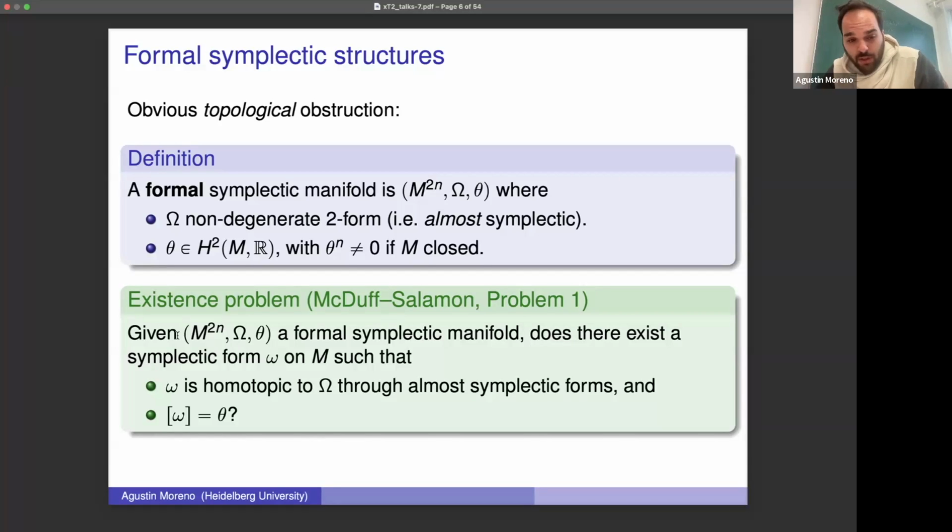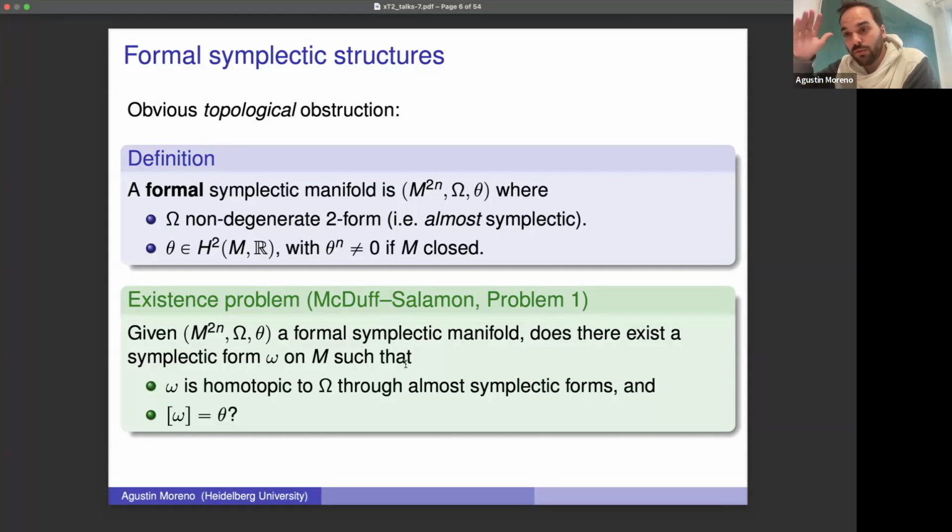The question is, if you start with a formal symplectic manifold, does there exist a symplectic form little omega on the manifold, which is first homotopic to the almost symplectic form that you start with through almost symplectic forms, and second, lies in the cohomology class that you fixed? This is the existence question. Of course, this is a refined version.